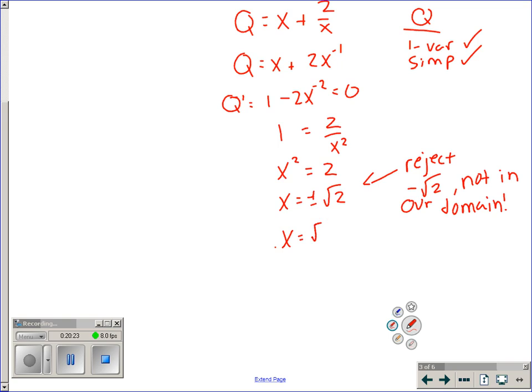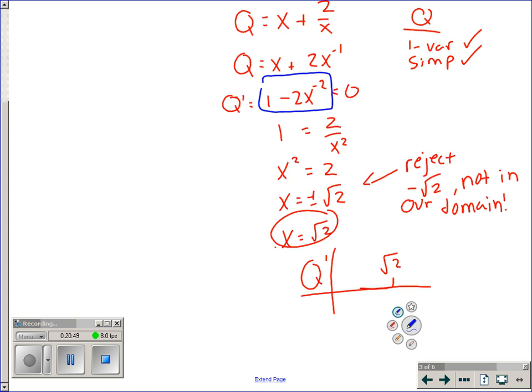x equals the positive square root of 2. And if I want to make sure that is indeed a minimum value, I'm going to test it on my curve, Q prime. Positive numbers, so maybe I'll try 1 in my derivative.